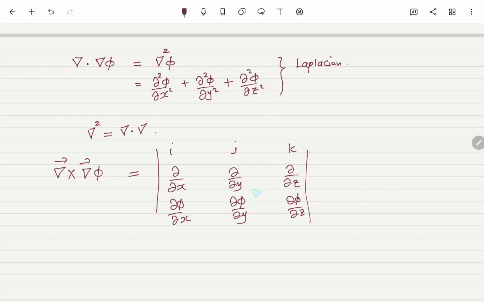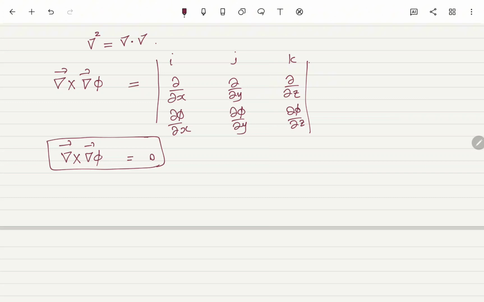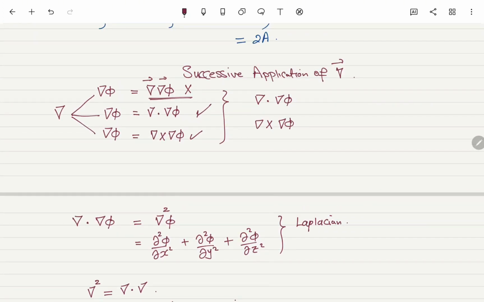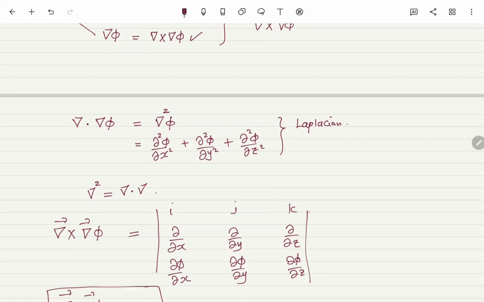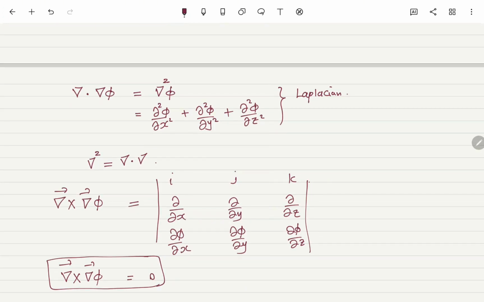When we solve this determinant, you will find the curl of the gradient of phi is equal to 0. Therefore, out of the three possibilities, this one again is not possible at all. This one is equal to 0. So out of the three possibilities, applying a del on a gradient gives the Laplacian, which is this case here.